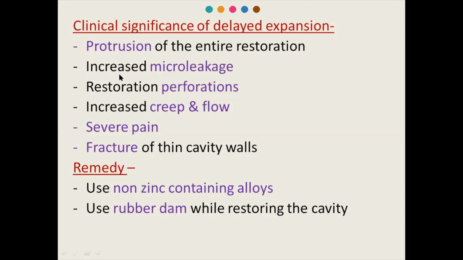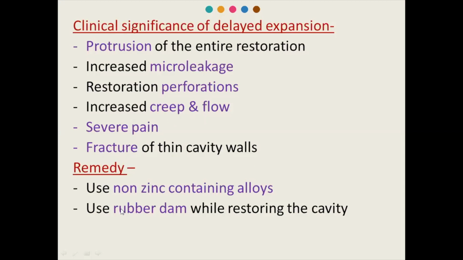There will be increased microleakage because the restoration gets protruded out, meaning there will be a gap between the tooth and your restoration. The restoration may get perforated. There will be increased creep and flow. There will be severe pain to the patient because it is exerting pressure in the cavity. Because of the creep and flow, there is a fracture of the thin cavity walls.